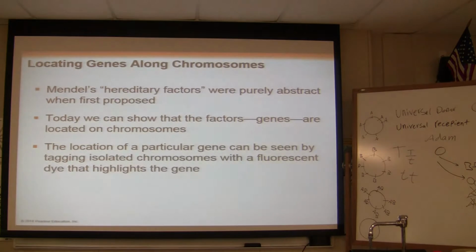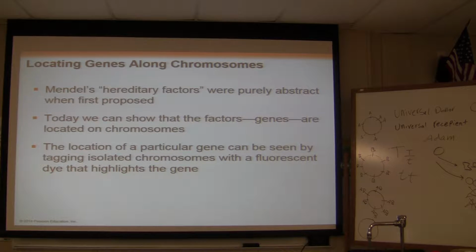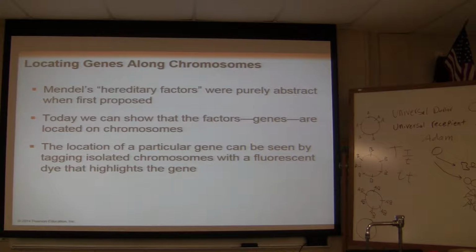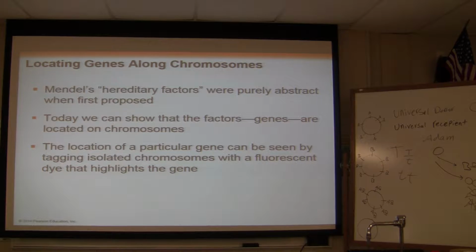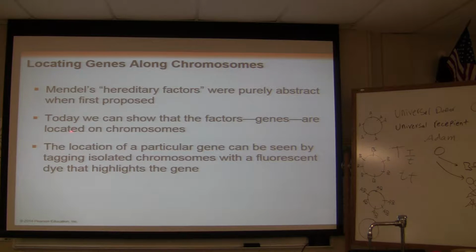Chromosomes, basis of inheritance. Mendel's hereditary factors were purely abstract when first proposed. So when Mendel talked about those ideas at the beginning, it was all abstract. He referred to them as elements, but now we know they're genes.